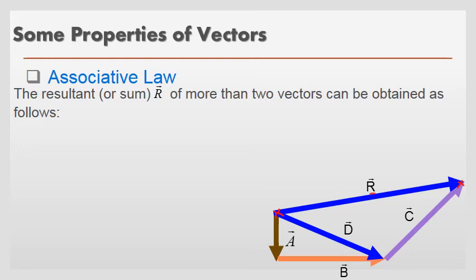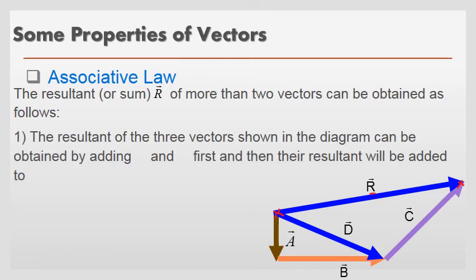But the question here, we want to use the triangle method in order to add those vectors successively. How can we do that?